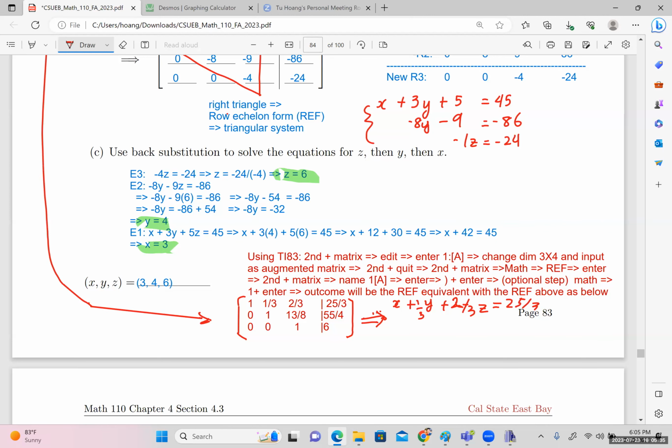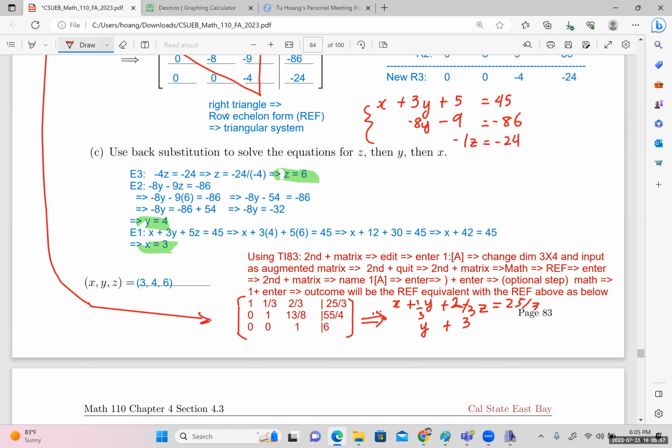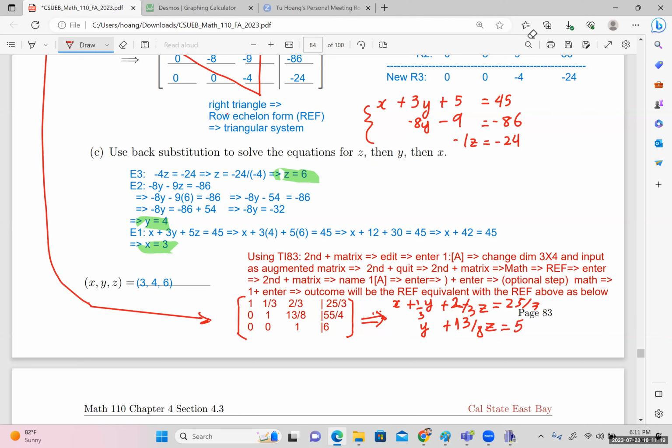And the second one is going to be y plus 13 over 8 z equal to 55 over 4. And then we have z equal to 6.